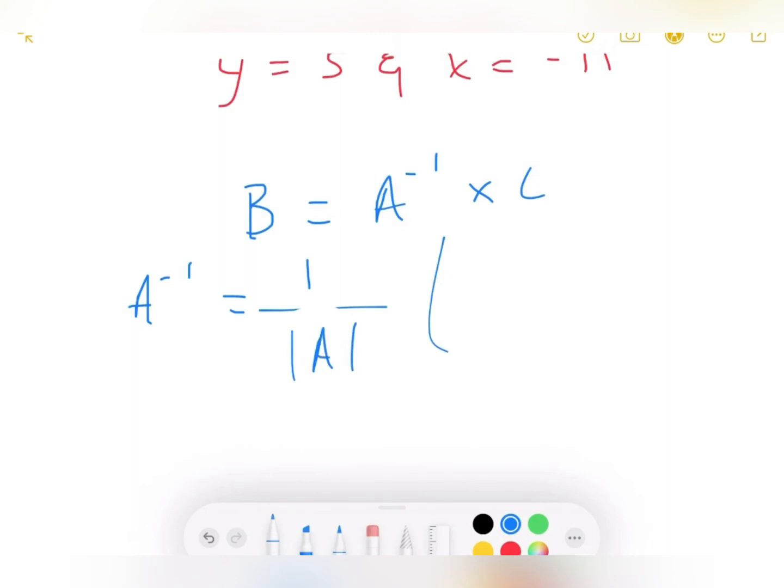So 1 over the determinant of A times the transpose of A, which would be this, considering that these elements are elements of matrix A. Then we plug it into the formula here and multiply it by C. So let's go a little further into explaining what A is, what C is, and what B is.